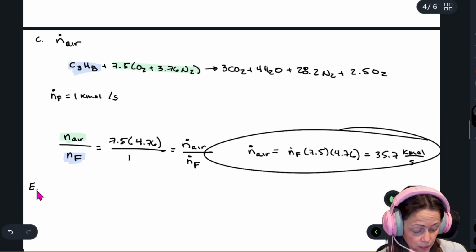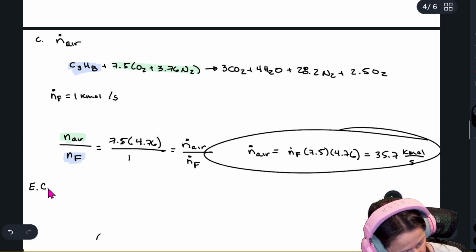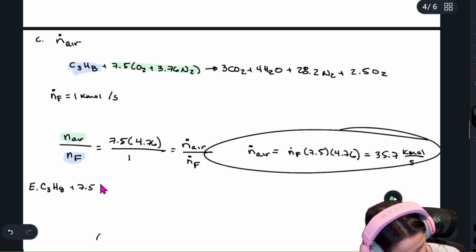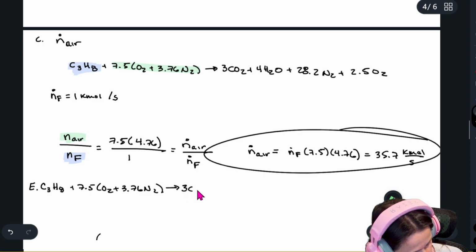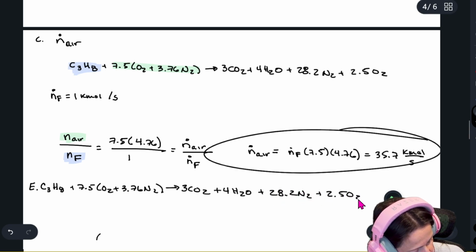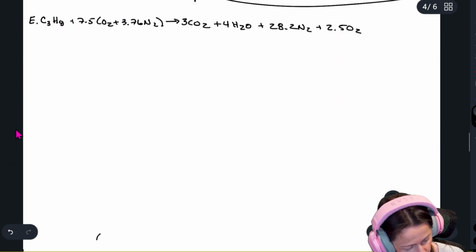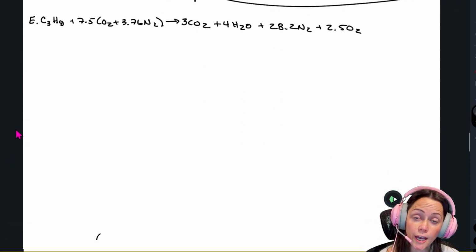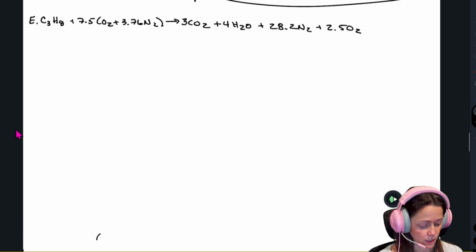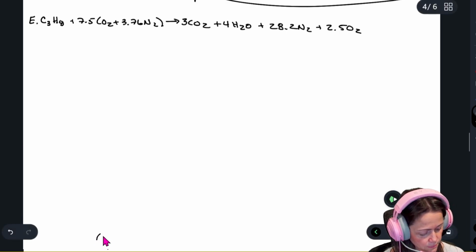All right, so again, I'm going to need this guy, C3H8 plus 7.5 times O2 plus 3.76 nitrogen gives us 3 CO2 plus 4 H2O plus 28.2 nitrogen plus 2.5 oxygen. So I need to apply my conservation of energy.